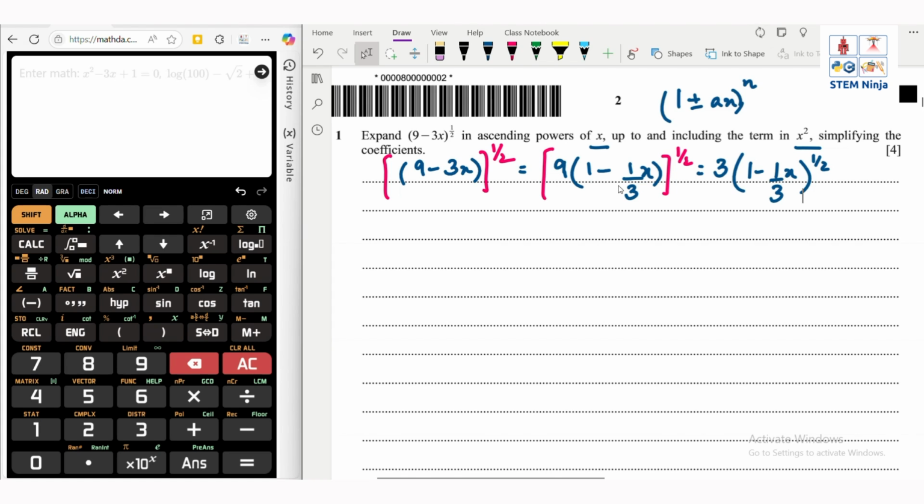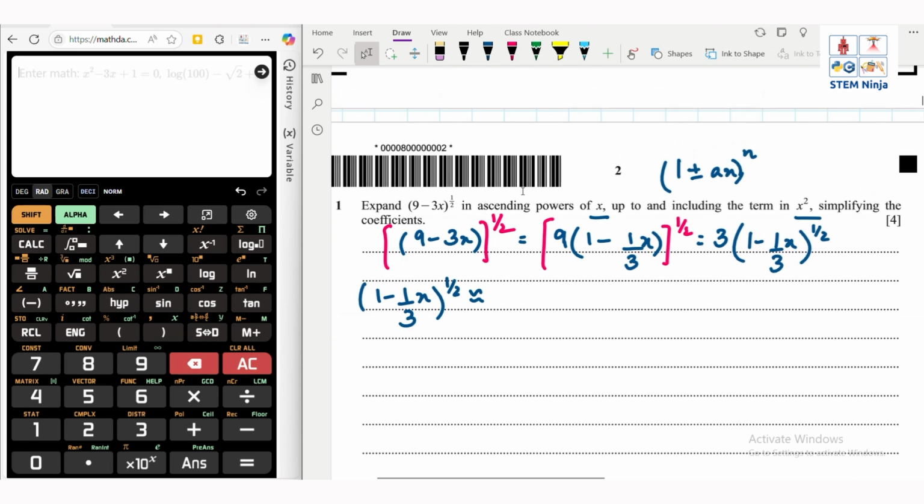So further what we can do. First we can expand this (1 minus 1 over 3x) to the power 1 over 2. So the formula, I think we're all familiar with this now, but let's still talk about this.